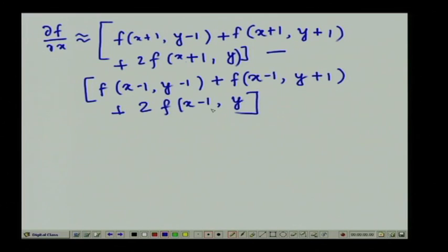So, this is the first order derivative along the x direction, and in the same manner we can also obtain the first order derivative in the y direction.